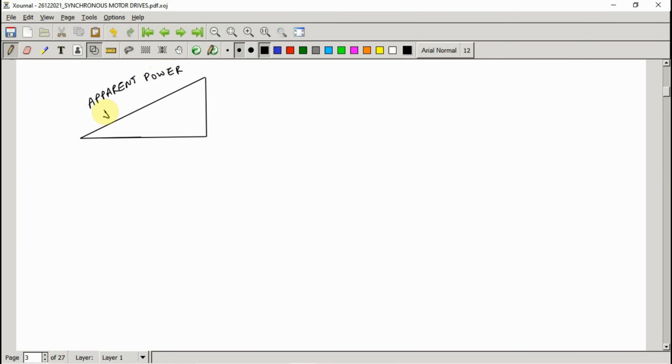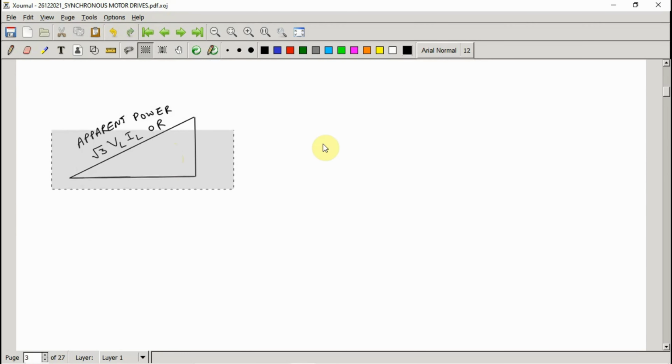This is given by root 3 VL into IL, or you can also write 3 VT into IA. Now what is this one?